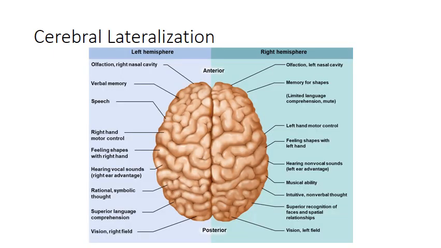So that actually gives us a nice leeway into our discussion of cerebral lateralization. This is also a good time for me to dispel some rumors that exist about being right-brained or left-brained. There is no such thing as being dominantly right-brained or dominantly left-brained.